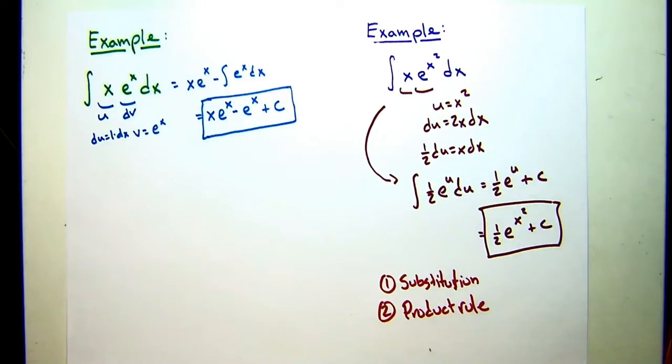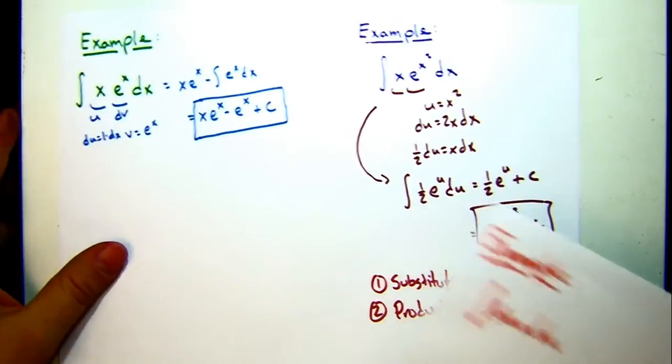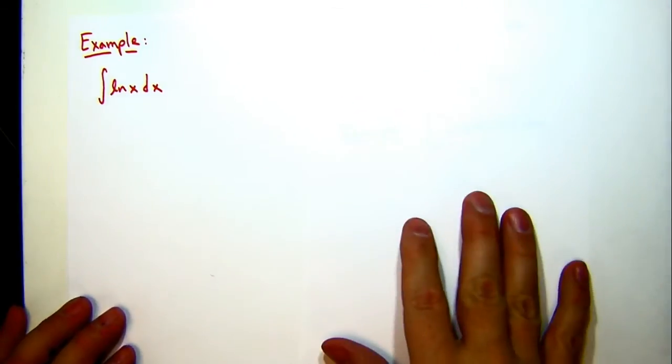Okay. All right. Next, let's try another one. Let's think of the integral of log x dx. And now you're thinking, okay, two things. One, I don't know how to integrate log x, so it'll be nice to finally find out how to do it.